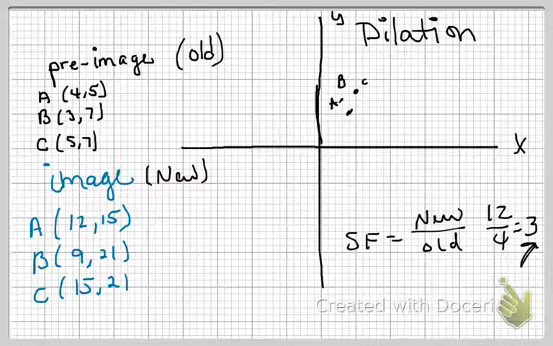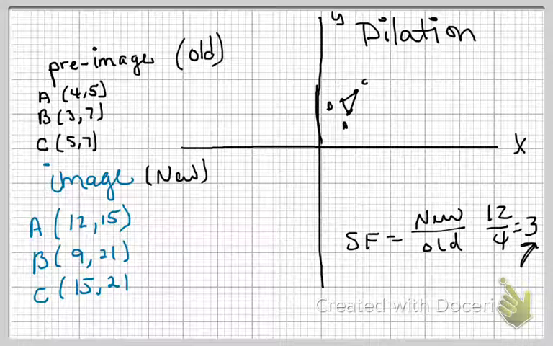There's C. Alright, I'm going to erase this a little bit. So this is A, and this is B, and if I connect, this is what it looks like. Alright, so there's my shape.